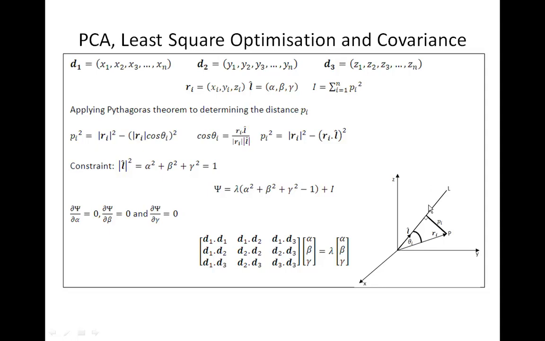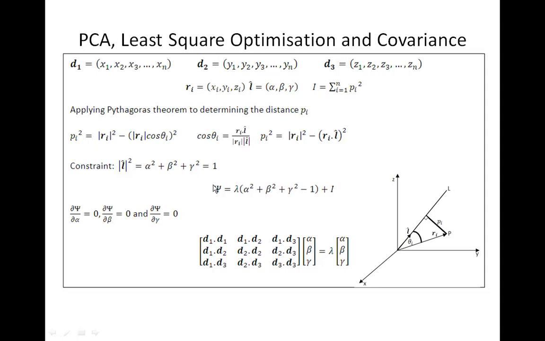If we were to calculate the optimum values for this line, which are described by these parameters alpha, beta and gamma, the direction cosines of a line in 3-dimensional space, we can calculate the optimum values for alpha, beta and gamma based on minimizing this sum of squares.